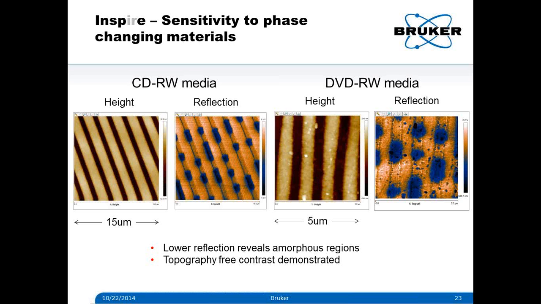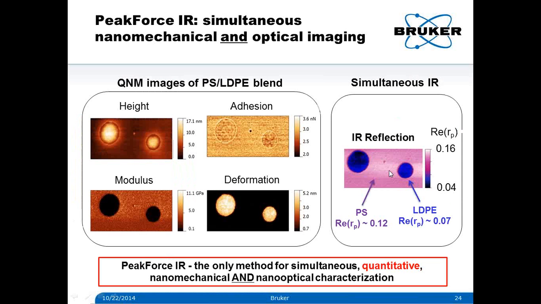But what you see in the reflection channel is that some areas reflect less than others, and these are the areas that have been made amorphous with a laser. So you can nicely distinguish the data here, and it also gives you an impression that you have a topography-free contrast here. So you don't see the edges that you have in height. You don't see them very well, at least.